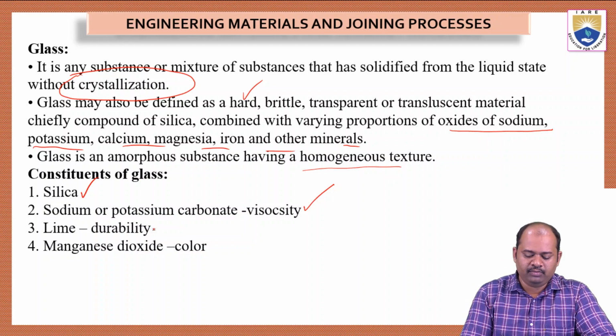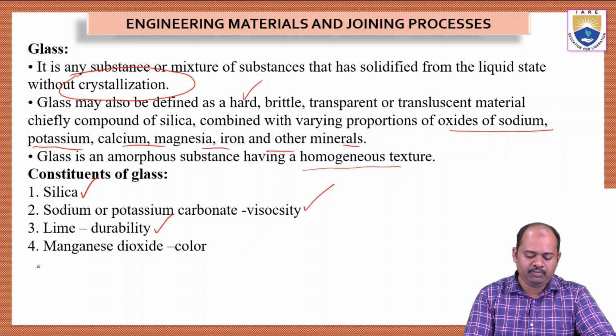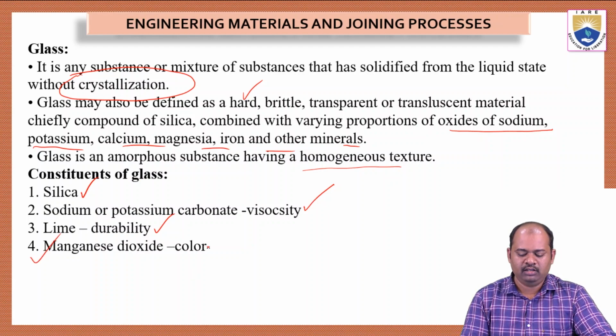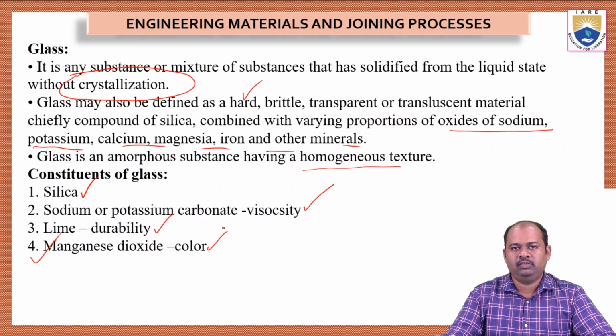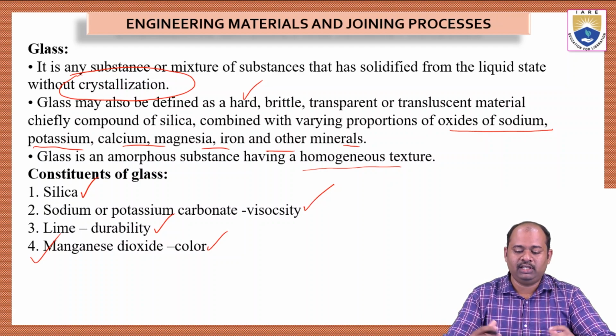And then we have lime. Lime is a powder added to the glass, which makes it more durable. That means the glass will last longer, so in order to improve the durability, we add lime. Then we have manganese dioxide, which gives color. We require different types of beautification with the help of these glasses.